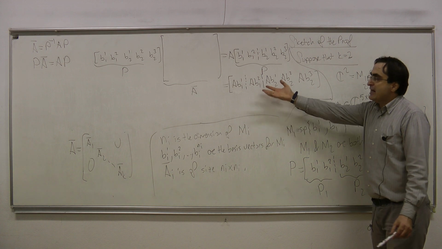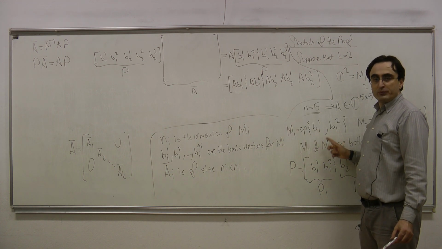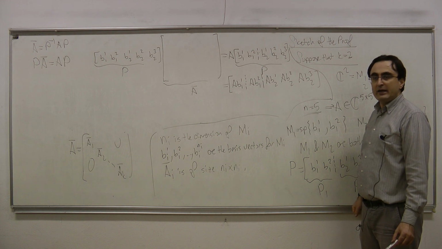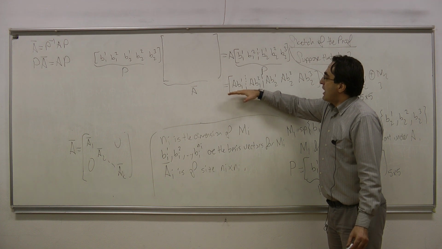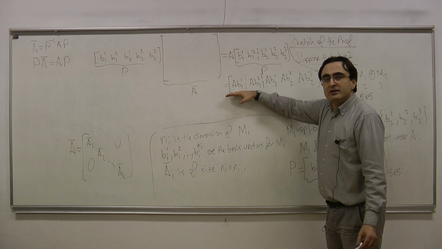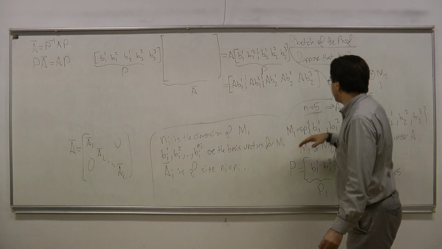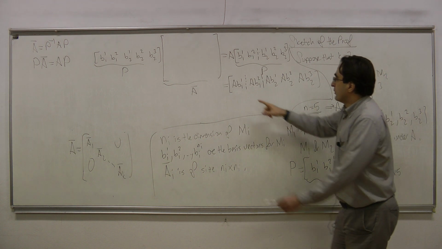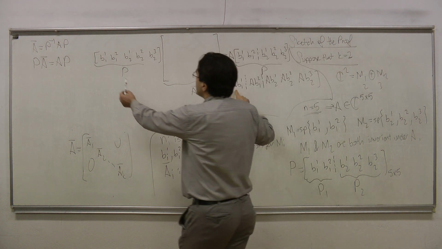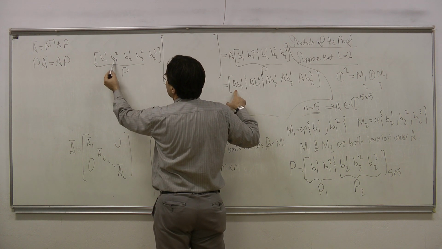And any element of M1 can be written as a linear combination of its basis vectors. Okay? So that means that this first column, I can express it as a linear combination of only these 2 columns.